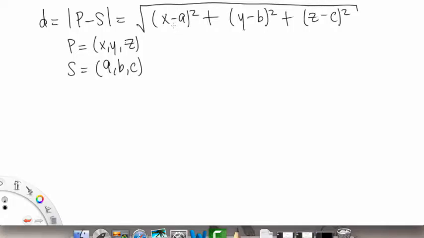I should note that it doesn't matter whether you do X minus A or A minus X because it's squared anyway. If you get a negative sign, it'll just come out as the positive value.